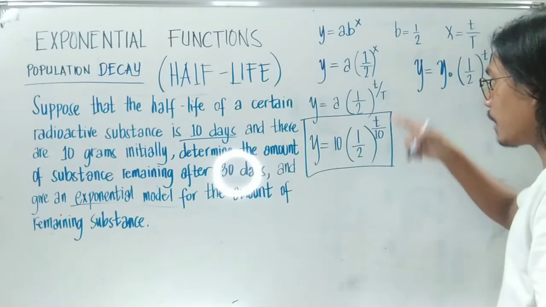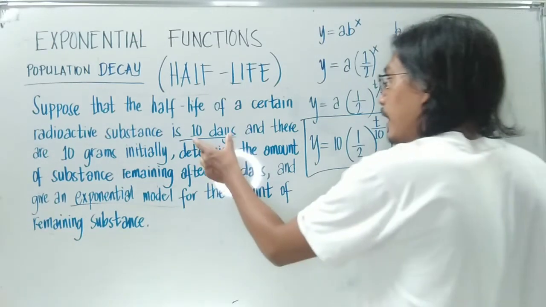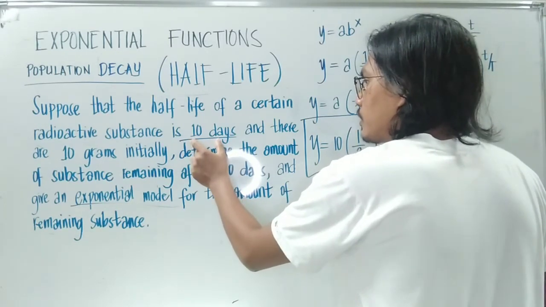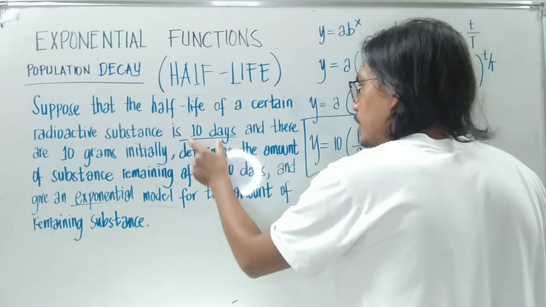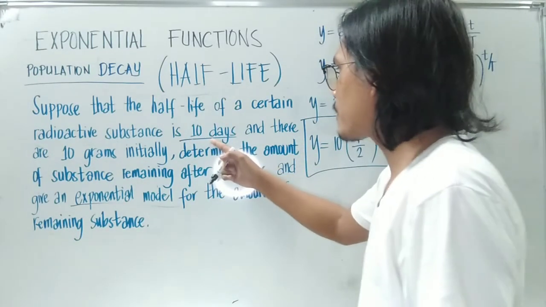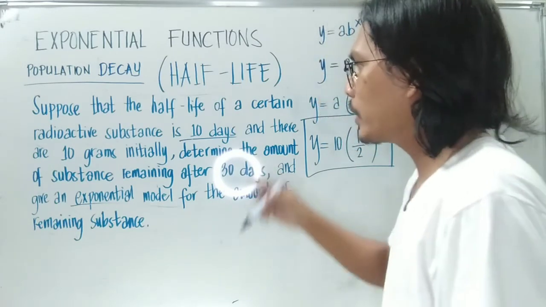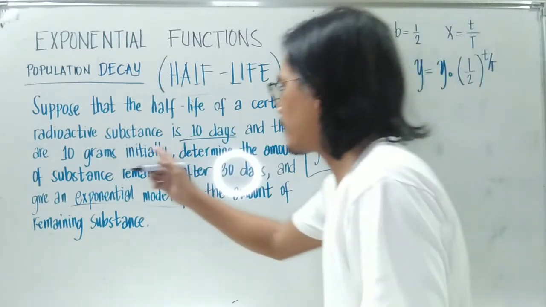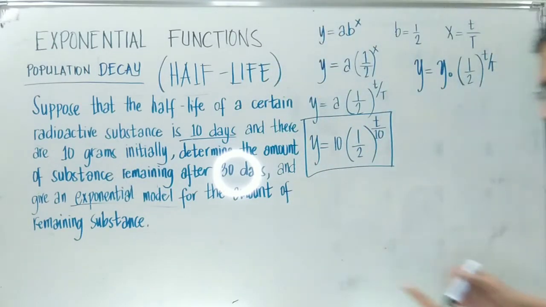So this capital T is the half-life, or the time where the substance will get to its half-life. So every 10 days, the substance will decay, or decrease its initial amount into half.